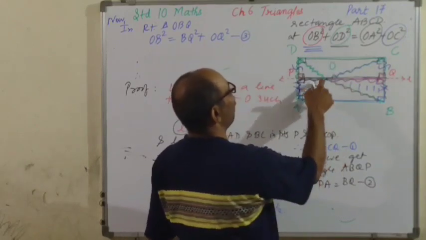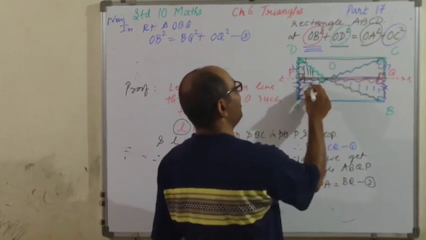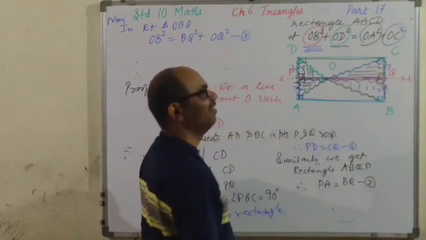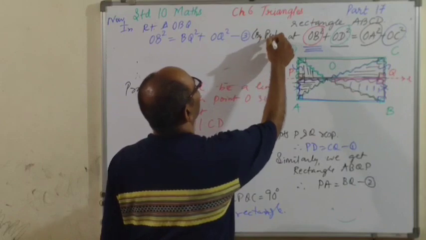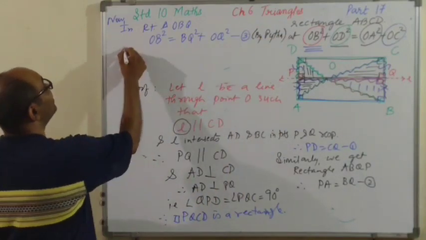OD in this triangle, OA in this triangle, and OC in this triangle give results. This is by Pythagoras. Don't forget that. I have written only the Pythagoras theorem.